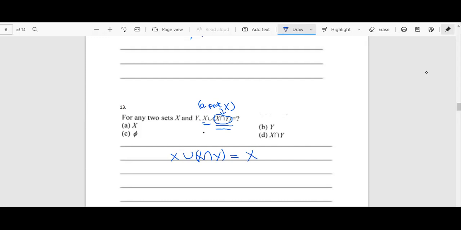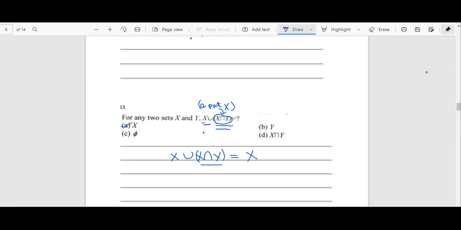This set X intersection Y is already in X because it has the elements of X which are in Y as well, right? So we are going to get A as our answer.